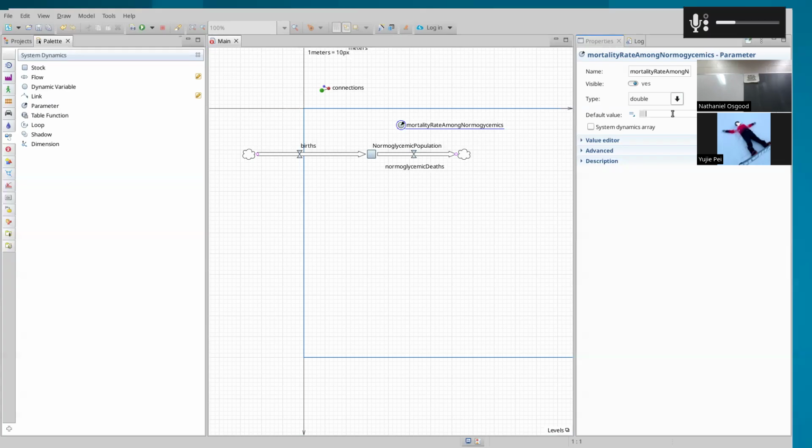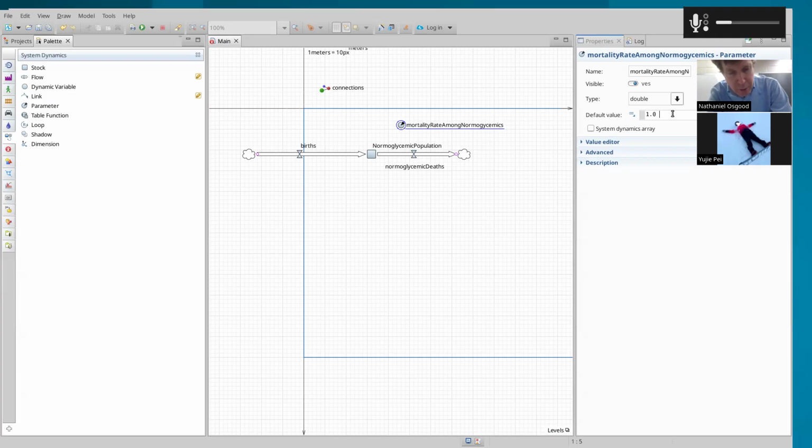Now we're going to talk about mortality rates. And this too is going to be a quantity per unit time, but it's not going to be people per unit. It's actually going to be some probability per unit. And probability actually does not have unit people. It has unit, it's what we call dimensionless. It's what we call of unit dimension.